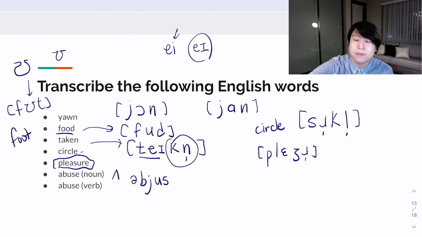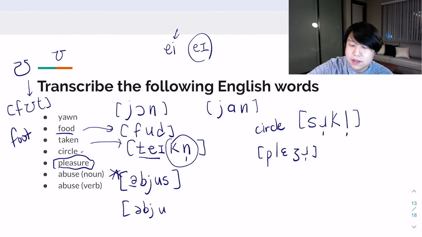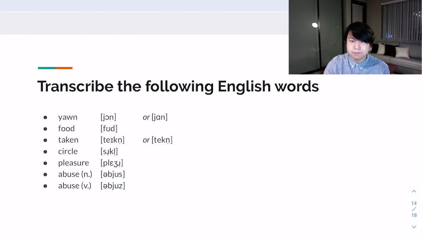You get it? This is wrong, this is right. This is a noun. When you use it as a verb, you will have a voiced consonant at the end. So that's the difference. Let's check the answer.